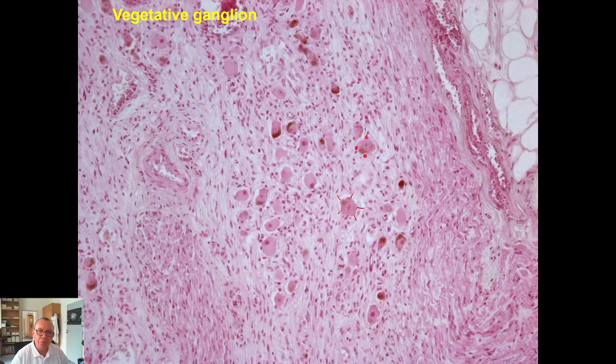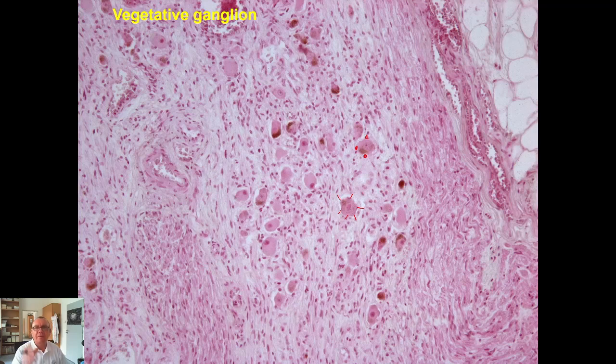Axons here are usually unmyelinated, so we don't find myelin sheaths here, and the cells situated in between the neuronal bodies are mostly Schwann cells, forming protecting envelopes around the unmyelinated axons.